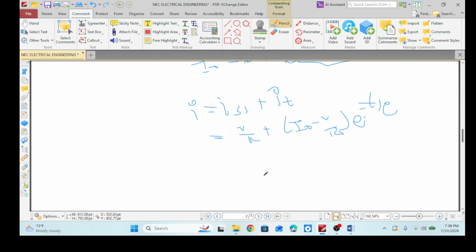This is when the inductor's initial energy is 0, so I naught is 0. So as the value of t increases, e to the power minus t by tau tries to decrease, and I(t) approaches V by R.